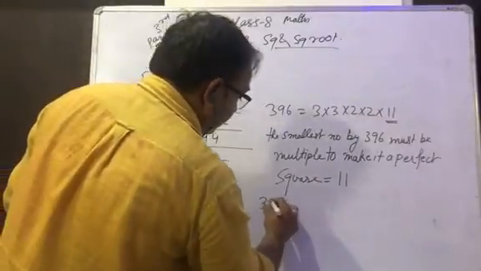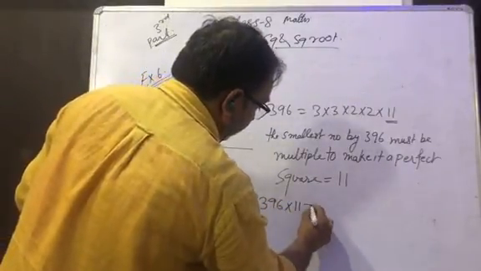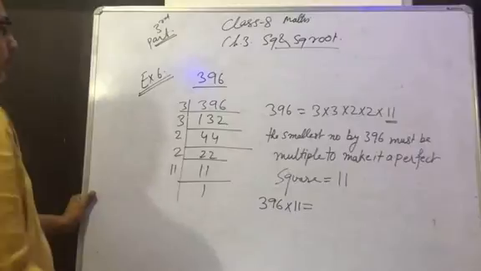If we multiply 396 times 11, it will become a perfect square number.